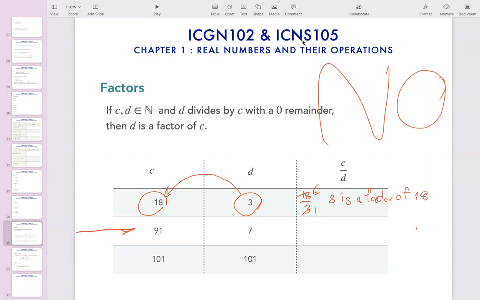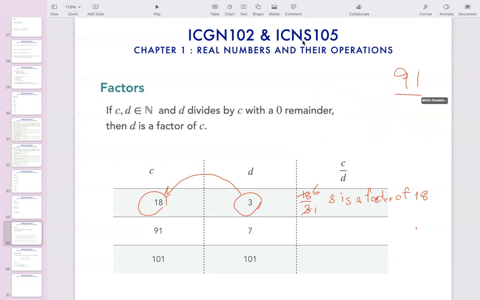The answer is not correct. Why is that? As we learned already, if we have to do anything, we have to follow the explanation or the definition of this one. If I divide 91 by 7, what is the remainder?